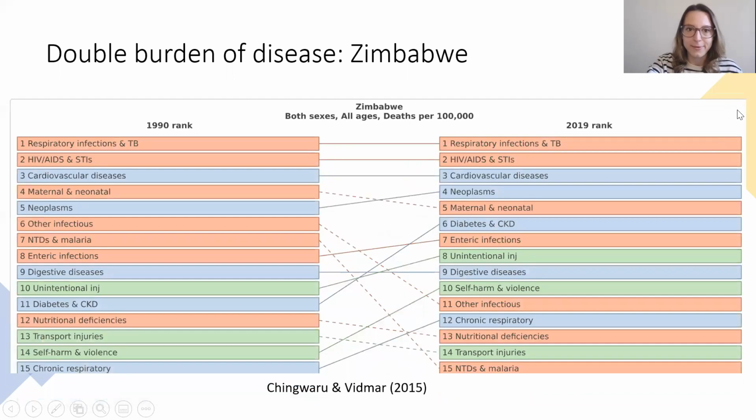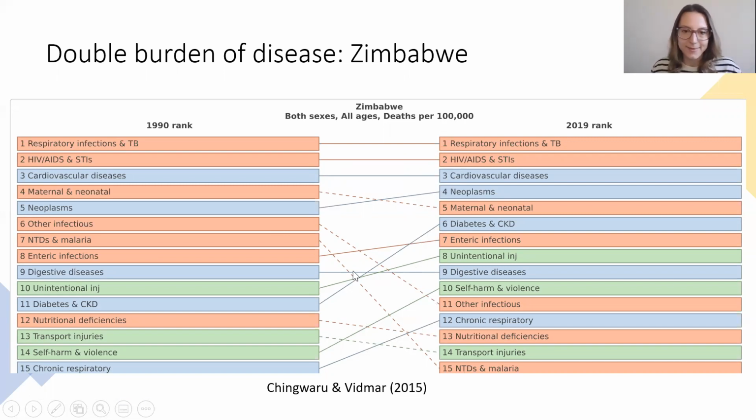So let's take a look at that. In the 1990s, again, we saw mostly deaths from tuberculosis and HIV/AIDS. And although those are still in the top spot, we're also seeing the increased rank of some of these more chronic diseases. Things like cancer have risen up, diabetes rates have risen up quite substantially, as well as other chronic issues such as chronic respiratory disease.